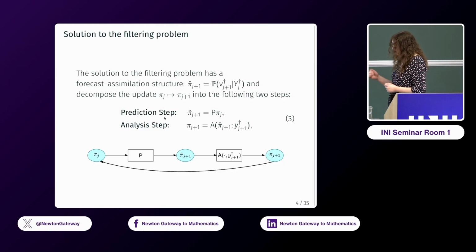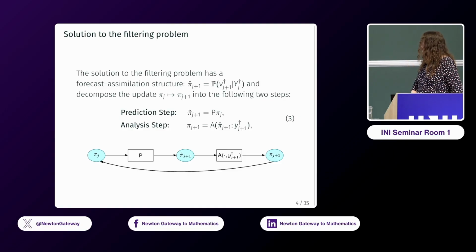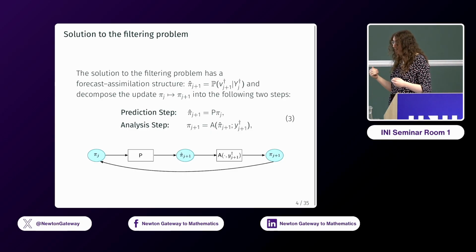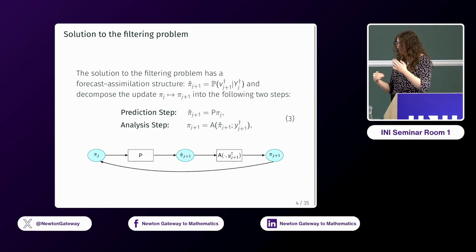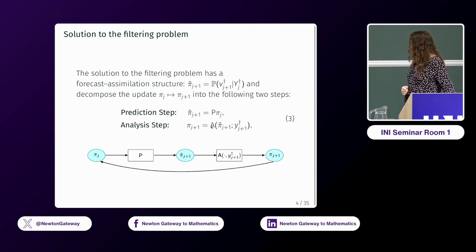And to get to the filtering distribution at the next time, we follow two steps. One is a prediction step, and one is an analysis step. In the prediction step, we're propagating forward our probability distribution under the dynamical model. In the analysis step, we're incorporating the observations into that forecasted distribution.